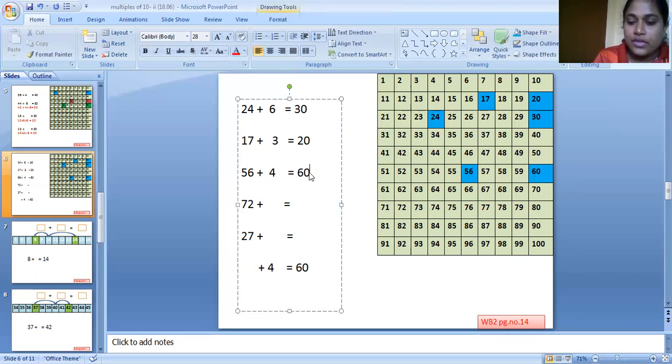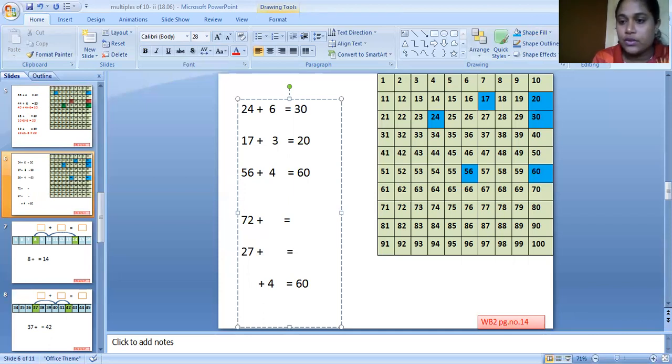And also I will explain this, how do we do this with the help of number bonds. We can expand 56 as 50 plus 6, isn't it? Yes, we can. And also we know 6 plus 4 is equals 10. Now the answer is 60.